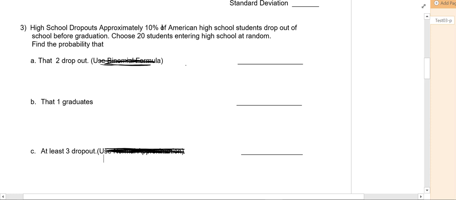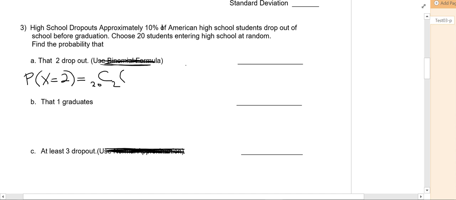The first problem is asking what's the probability that I get 2 students that drop out. Well, when I have an equal sign, I have to use the formula. And that formula is C of, how many do I get to pick from? 20. How many am I selecting? 2.